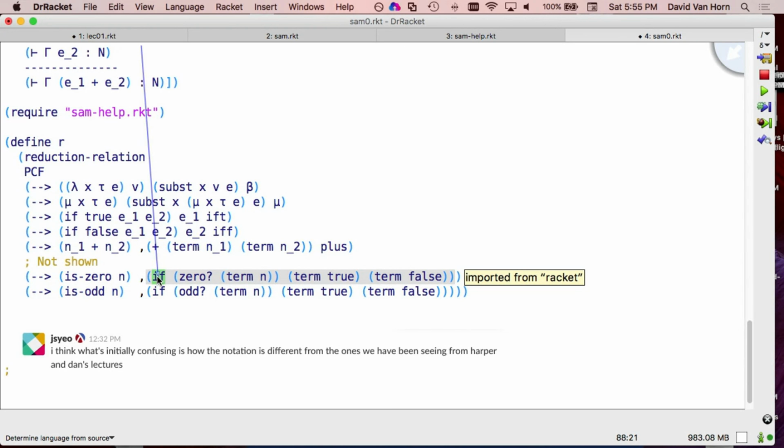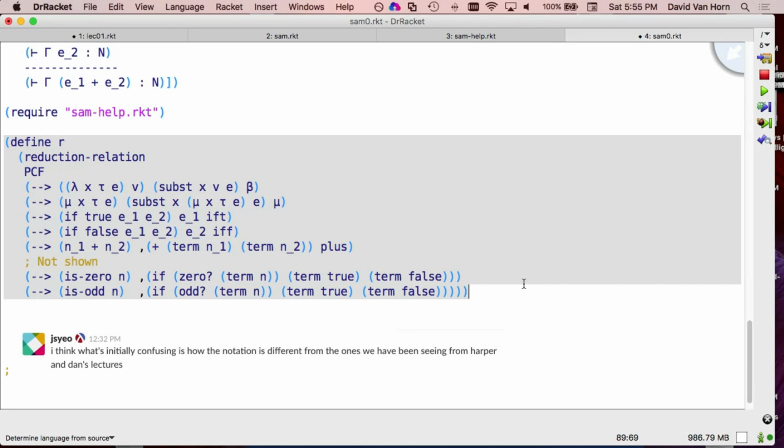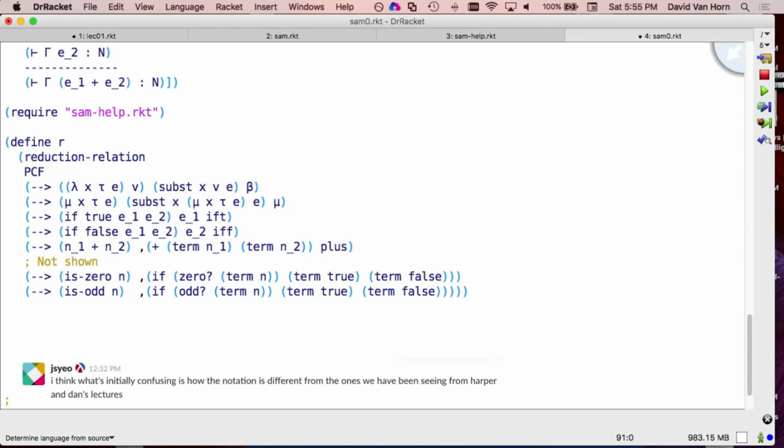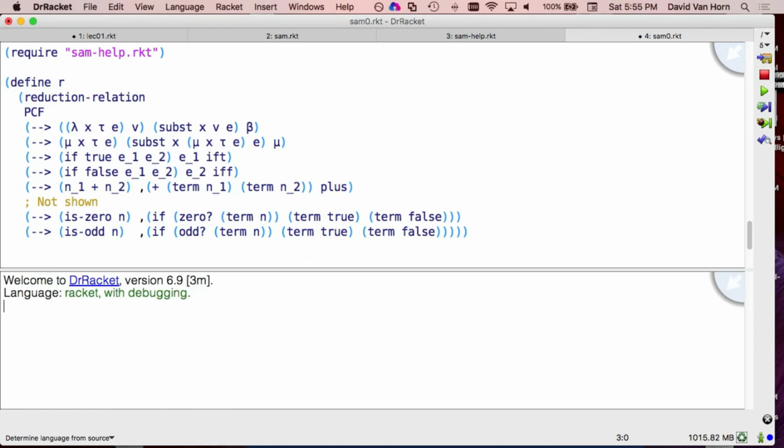I use Racket's conditional form if to ask if the number is 0, and then if it is, I want to produce the term true, otherwise the term false. Okay? At this point, we can do things like apply. So let me run it and then show you some examples.